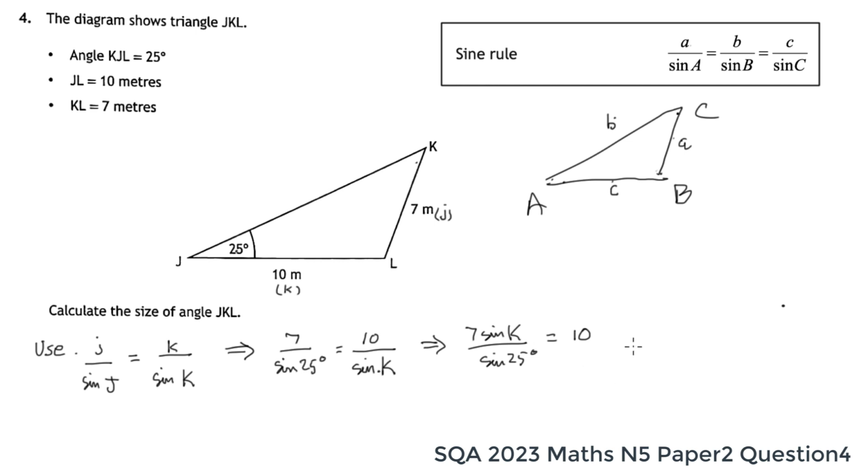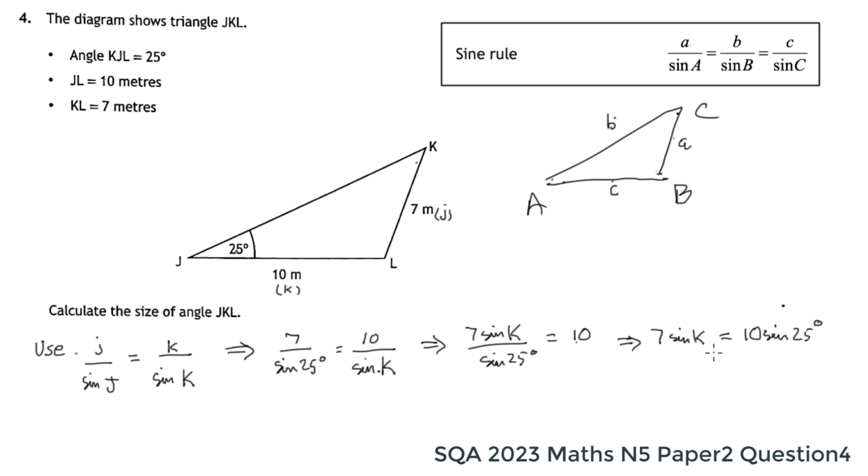Let's multiply both sides by sine 25. This leaves us 7 sine K equals 10 times sine 25, multiplying the right hand side by that.